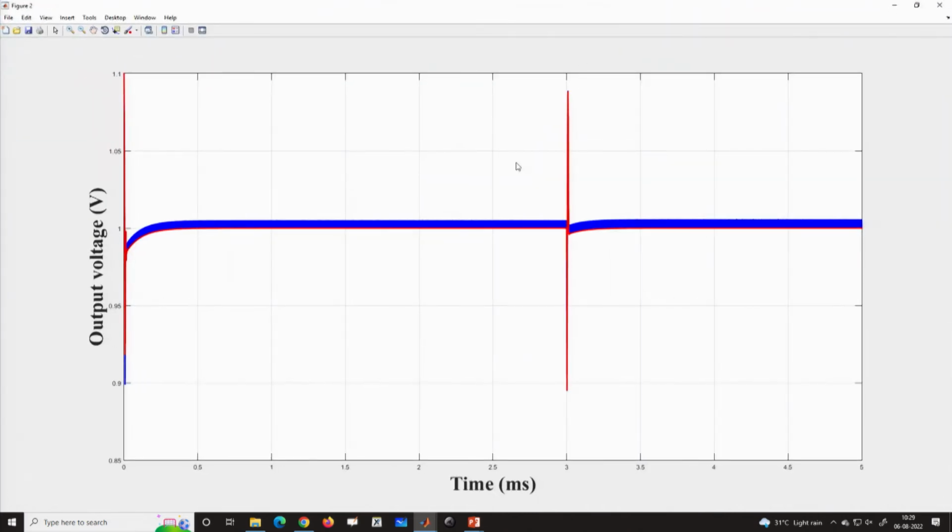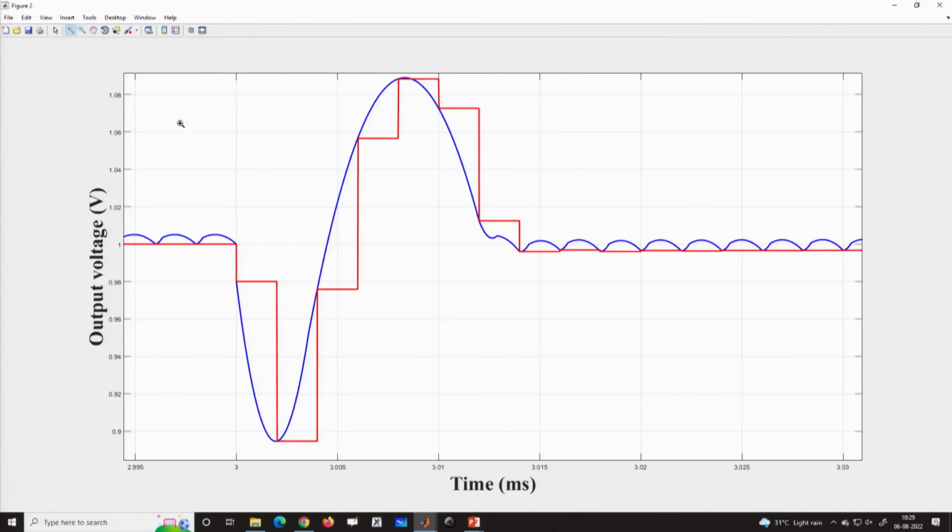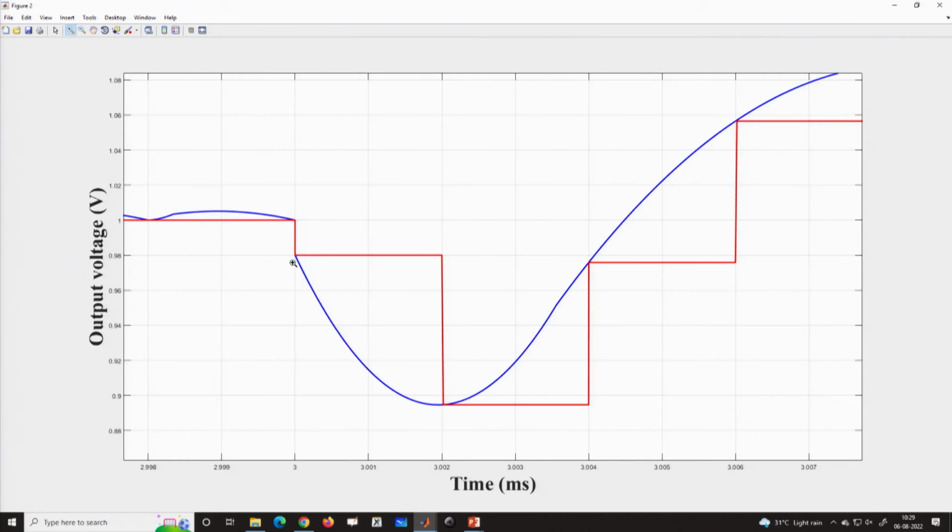Now, we will see that if you take the output voltage waveform, there is a subtle difference, because here we are picking up the sample and there is a transient, there is an ESR jump, it is captured, but at the time of switching this voltage is used, where the actual output voltage has gone far below, like 0.9 volt. In analog control, this output voltage will be reflected in the controller output continuously, but in digital control you are not taking this into account.